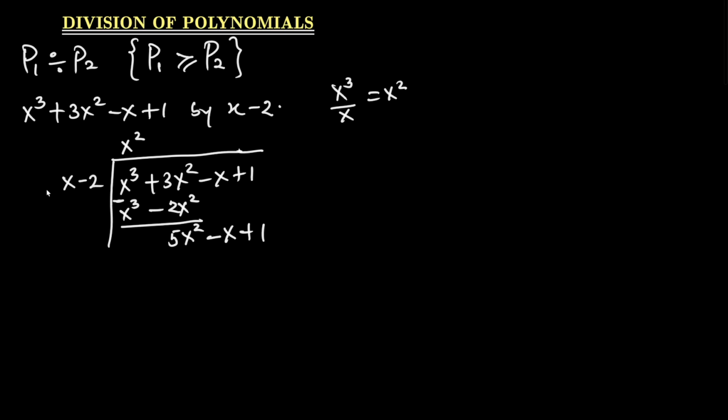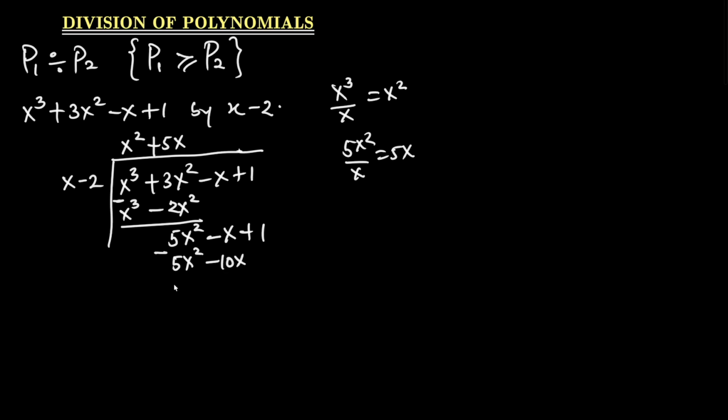Now we take x again to divide 5x squared. This is going to be equal to 5x. So we have plus 5x. Now again, we take this to multiply x, and then we use that to multiply negative 2 as well. So this is going to be 5x squared minus 10x.